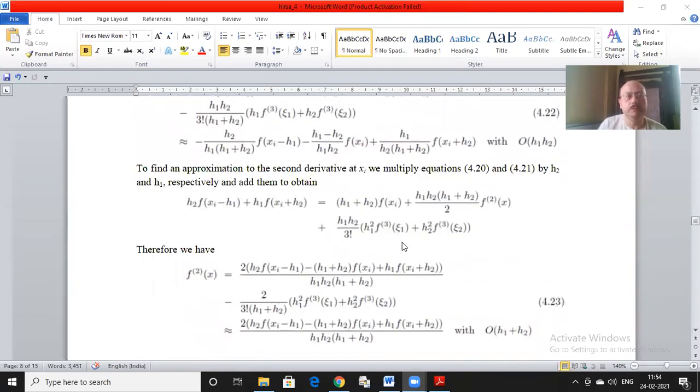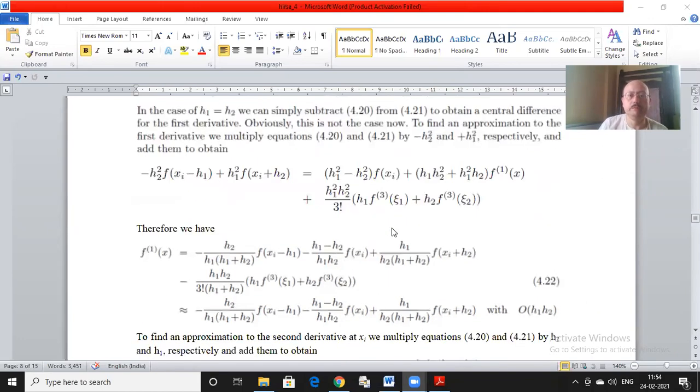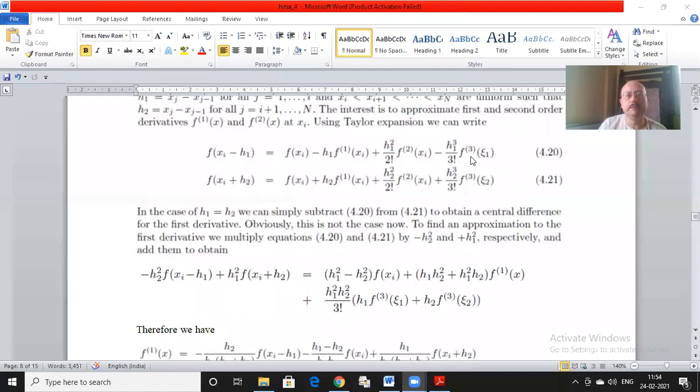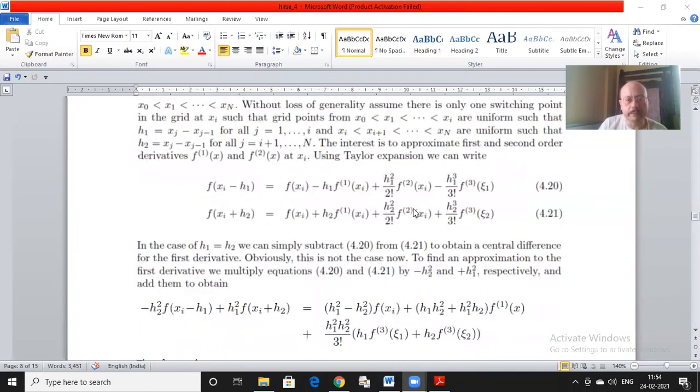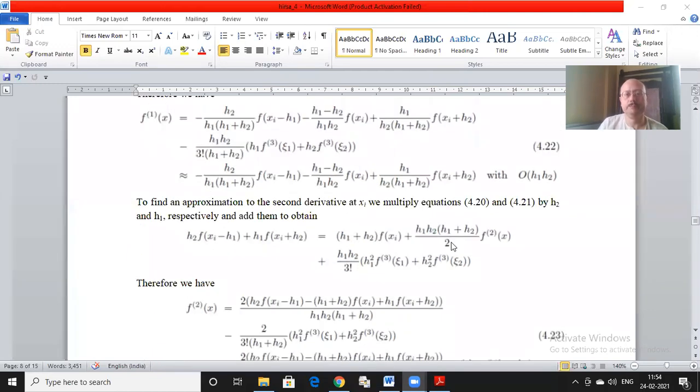f2. So now what I will do is multiply these two equations by H2 and H1. Earlier we multiplied by minus H2 square and plus H1 square because we wanted to eliminate the F2 term. Now our objective is to eliminate the F1 terms. So accordingly, we multiply by H2 and H1.